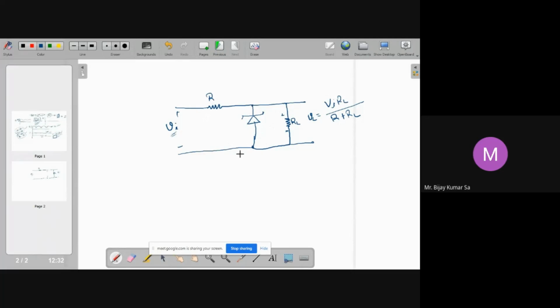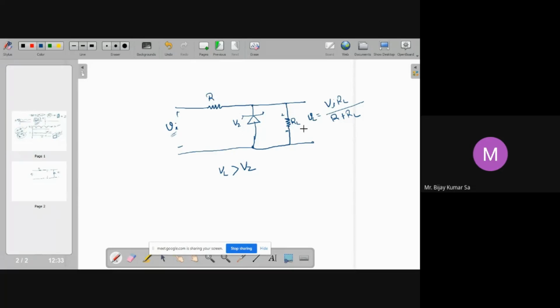So when VL is greater than the zener breakdown voltage, this is a zener diode, so this must have some zener breakdown voltage Vz, which you can always find from the specification sheet.